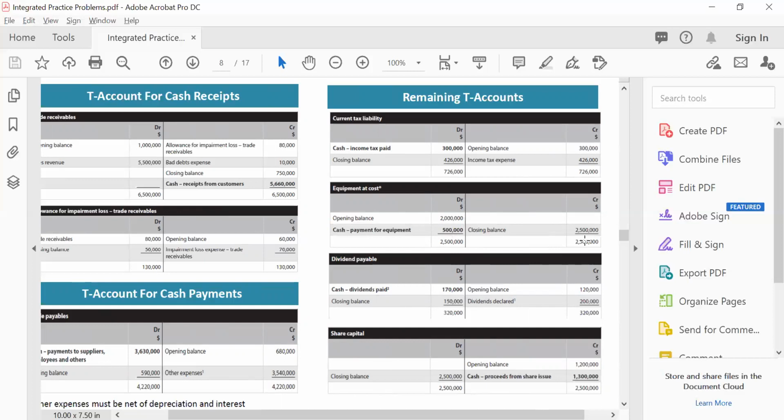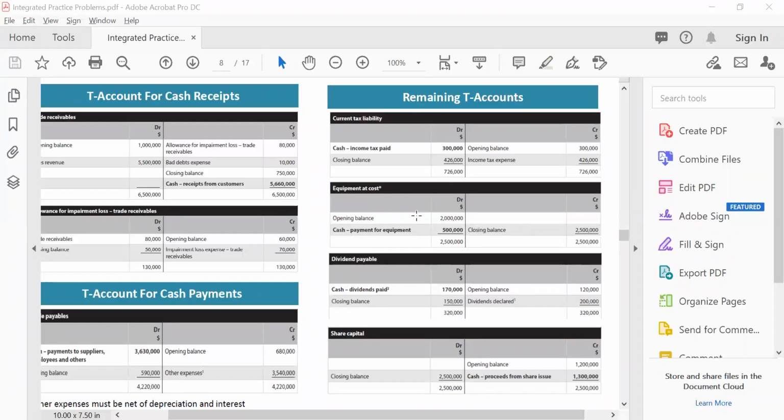The debits have to equal the credits, right? I mean, this closing balance, you could have put it down here, 2.5 million. But the core process is that you need to be able to reconcile. Okay, so all debits must be allocated to credits and vice versa.